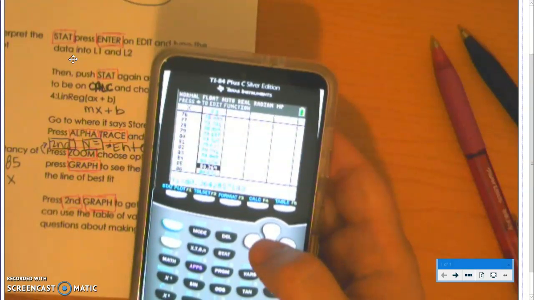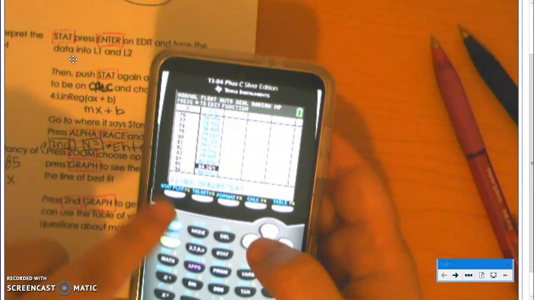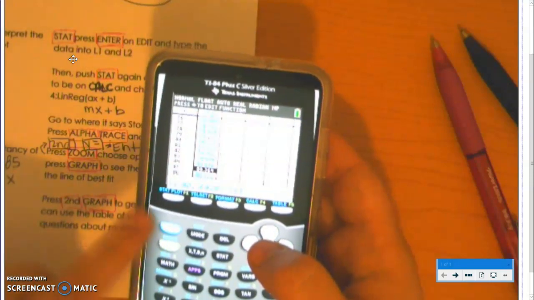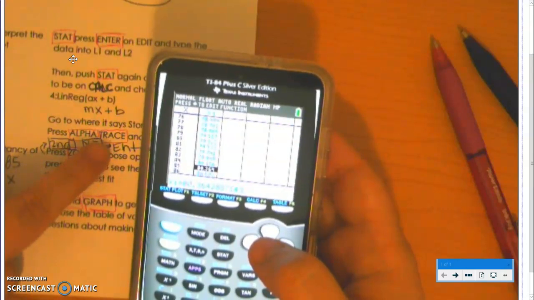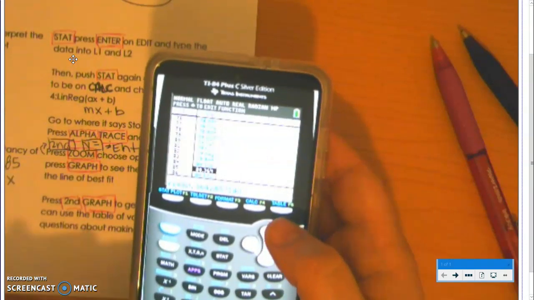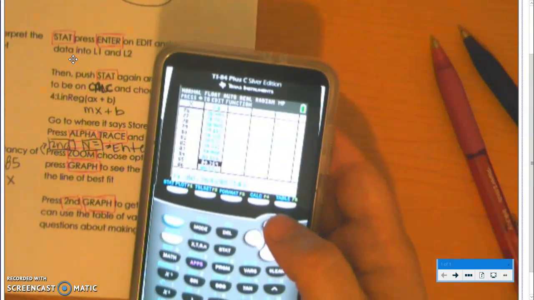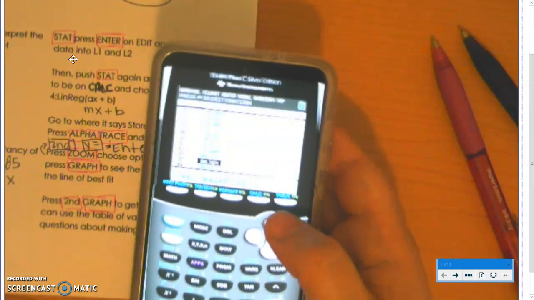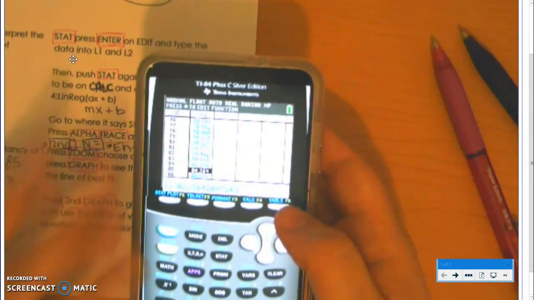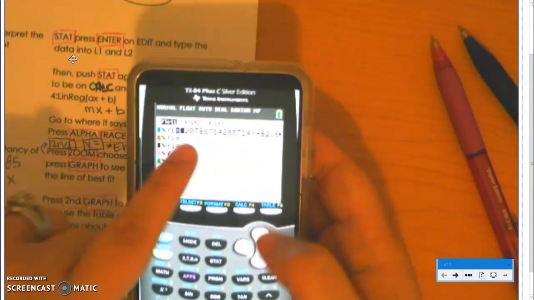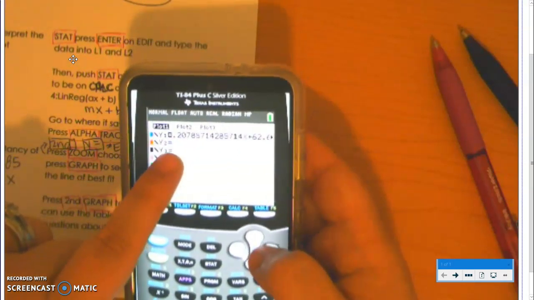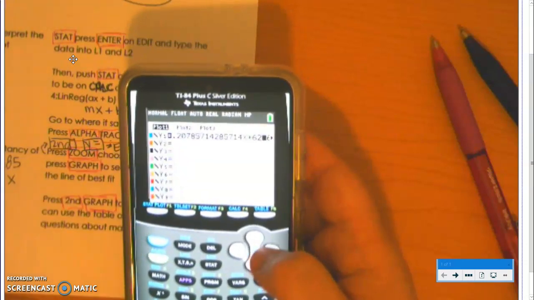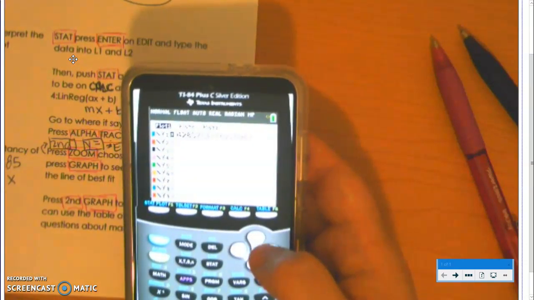My table of values is making my predictions for me because I put my equation into Y1. So that means my graph and my table are going to match my line of best fit. And if I push Y equals, see, there's my equation, but this is all the decimals, not the ones I rounded on my paper, because I'm not going to write 20 decimals on my paper.